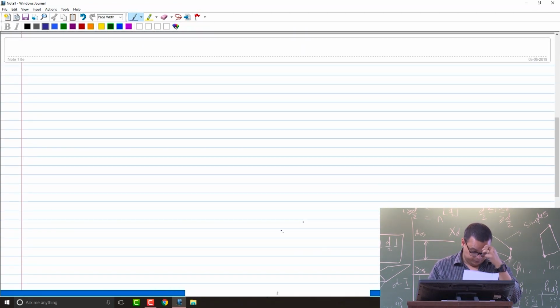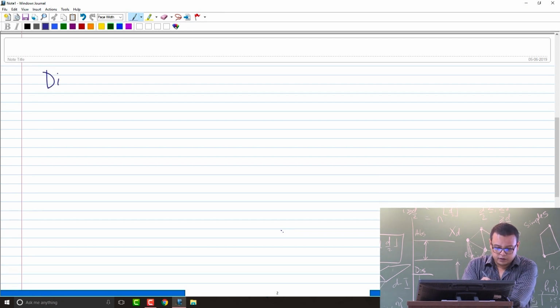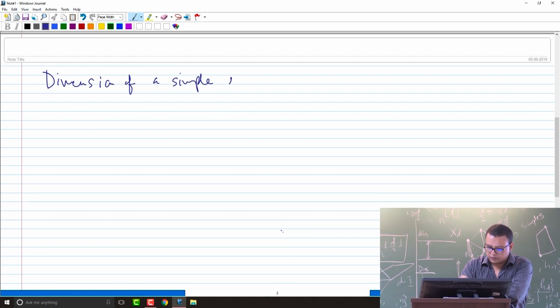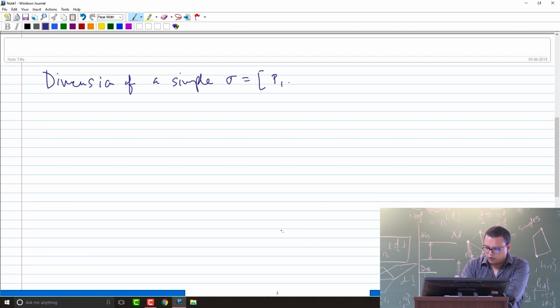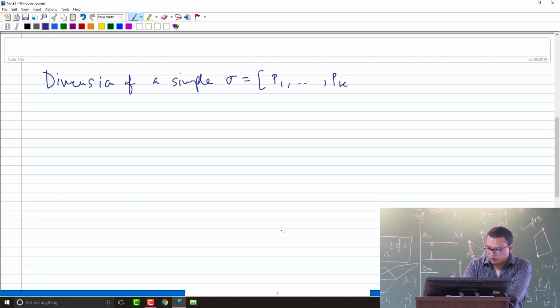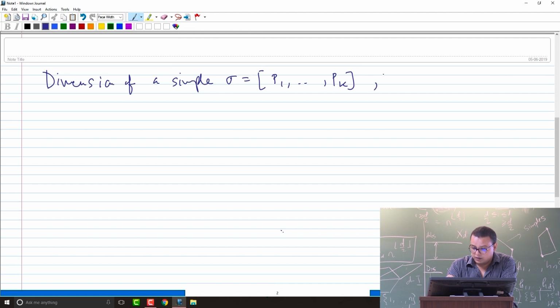We can also define the dimension of a simplex. If the simplex is P1 to Pk, then its dimension is k minus 1.